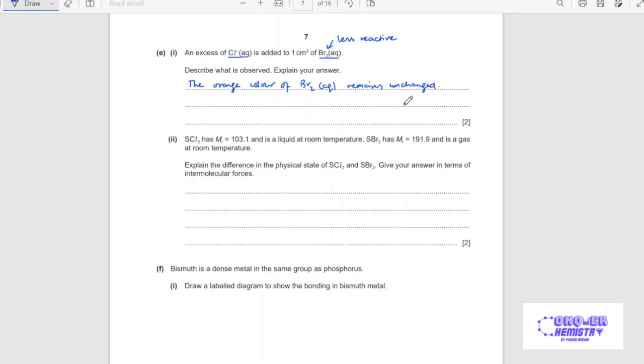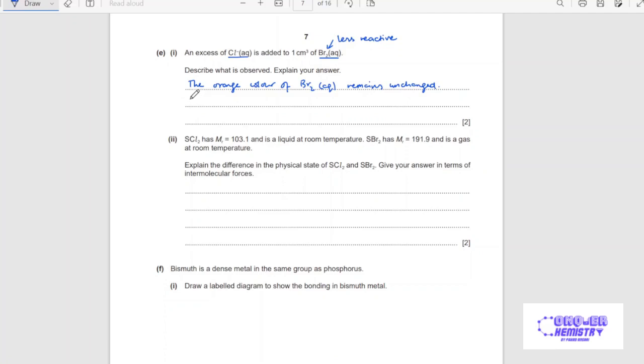Now the reason why that is, well, you could say that bromine is less reactive than chlorine, but to be more specific as far as AS level is concerned, you could say that the bromine is a less powerful oxidizing agent than chlorine. All right? That's a more specific answer to say. Or you could say that the chloride ions are a less powerful reducing agent than bromide ions.